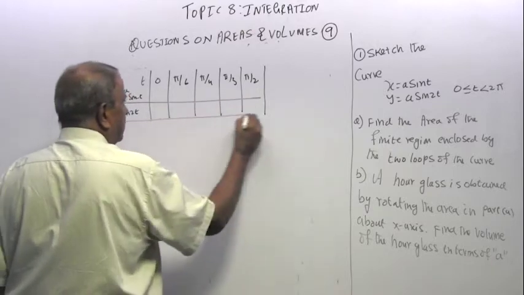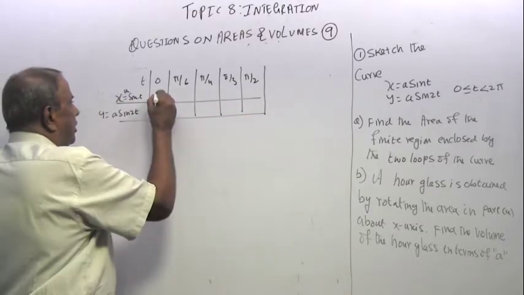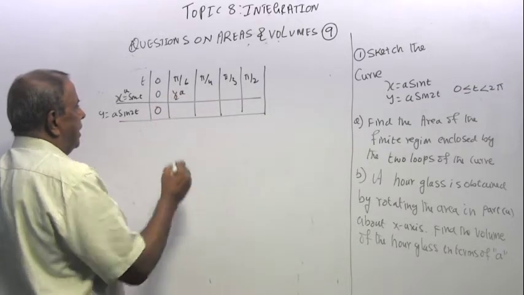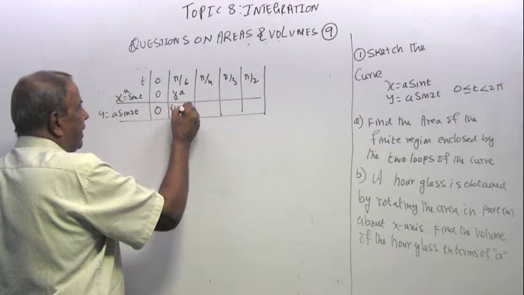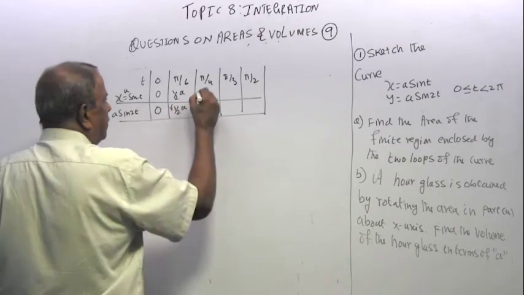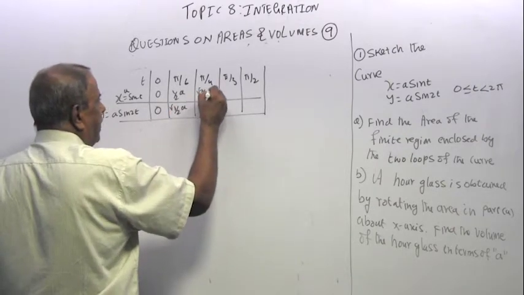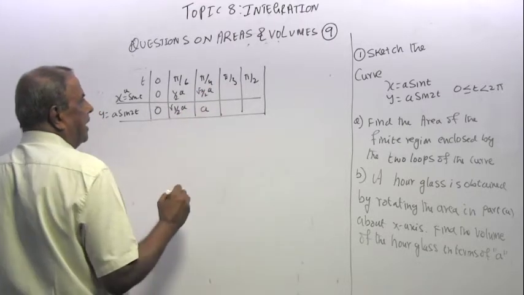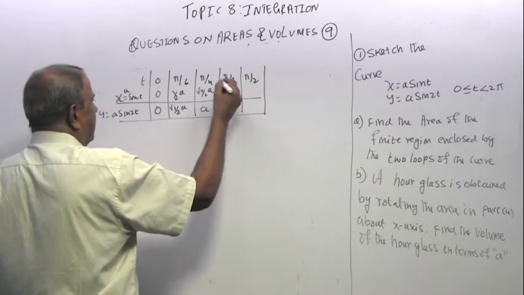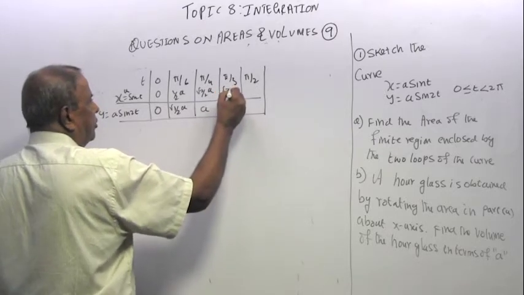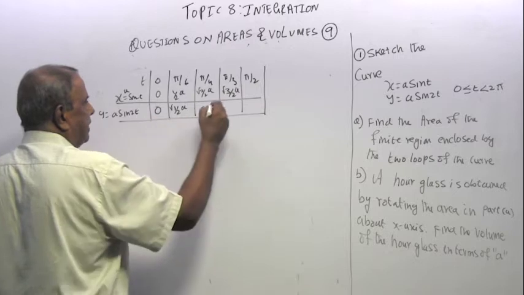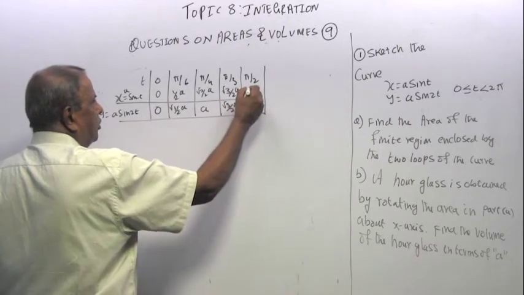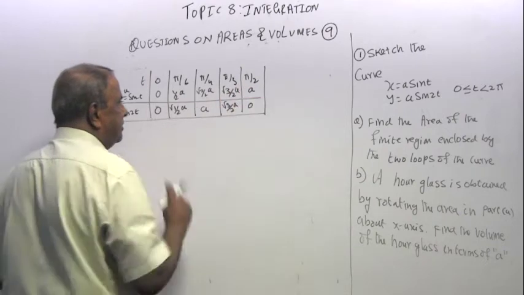What are the values? 0, 0, half a, and root 3 over 2a. Pi over 4 is root 2 over 2a, and then pi over 2 is a. And then pi over 3 is root 3 over 2a. 2 pi by 3 is also root 3 over 2a. Pi over 2 is a, pi is 0.